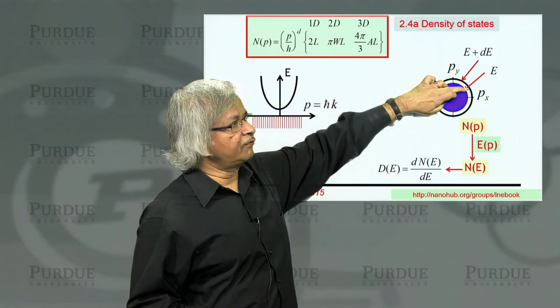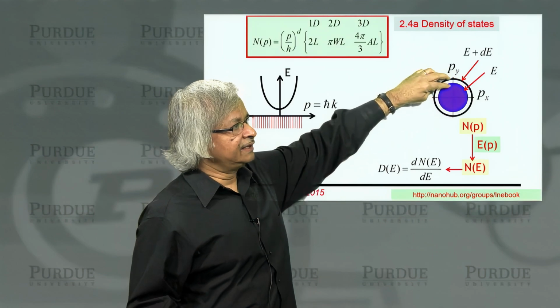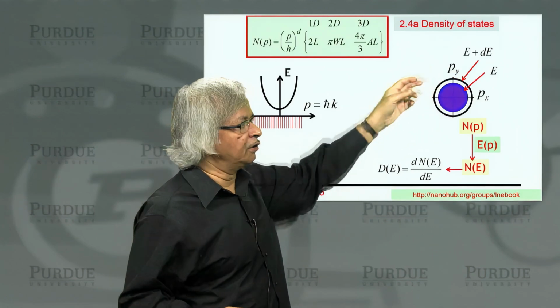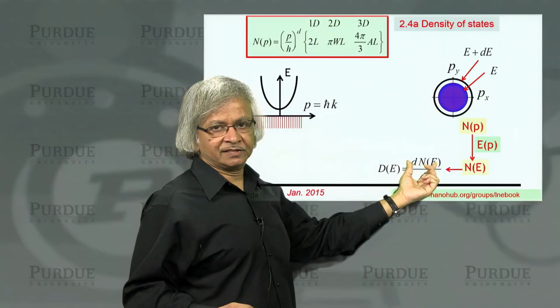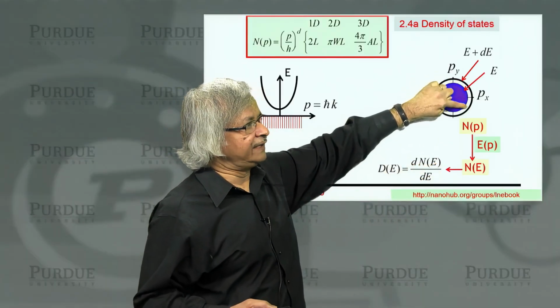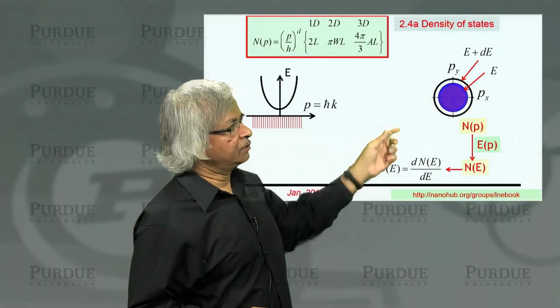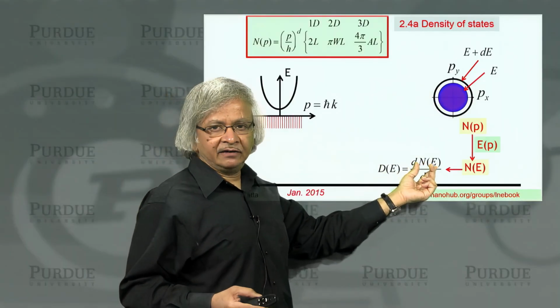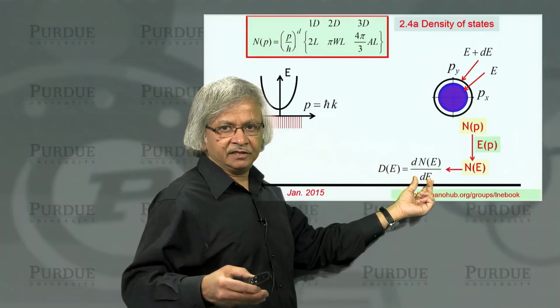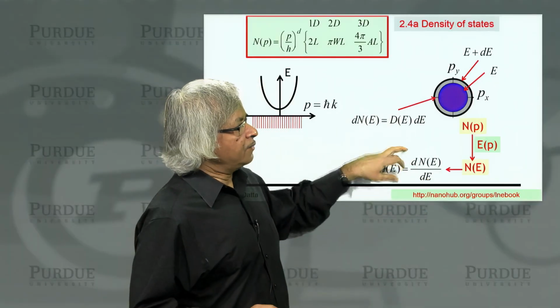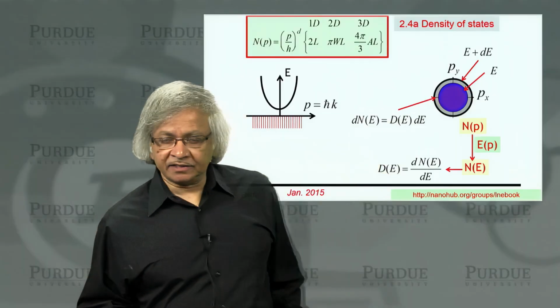And so when we go from E to E plus dE, there is an increased number of states available. And what we want to know is how much it increased, because that's what represents the density of states at that energy. So density of states is given by the increase in N for a given increase in E. Okay. So that's how we are going to calculate the density of states.